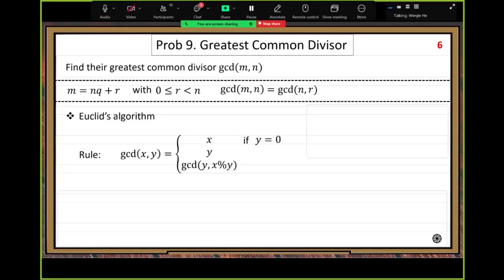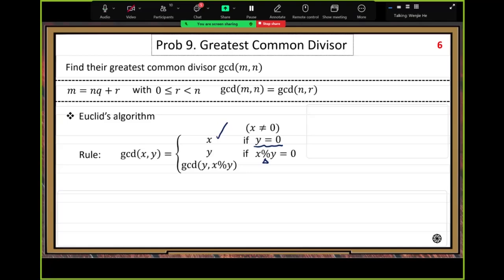If the second parameter is 0, then you just return x as the function value. Then, if x mod y, this percentage sign is the mod operator, if x mod y equals 0, that means x is an integer multiple of y, then you just return the y value. The second case.